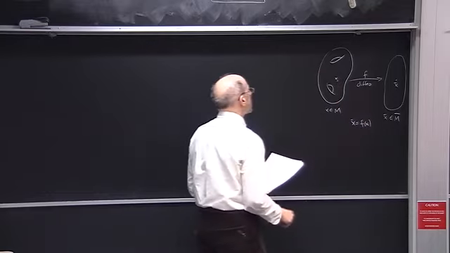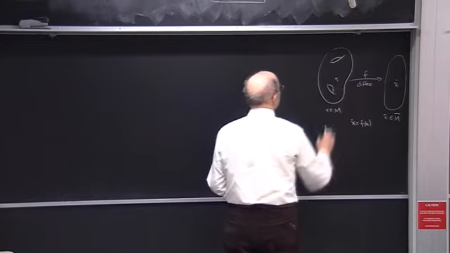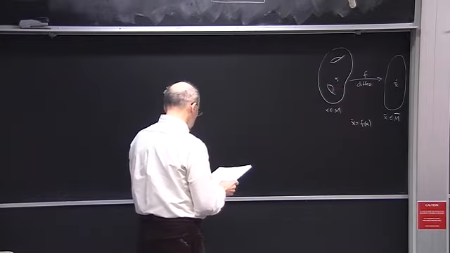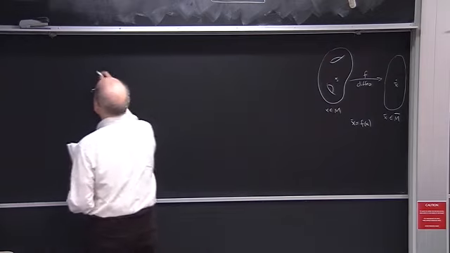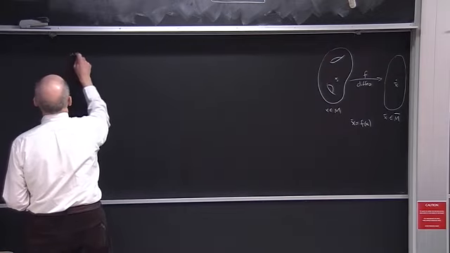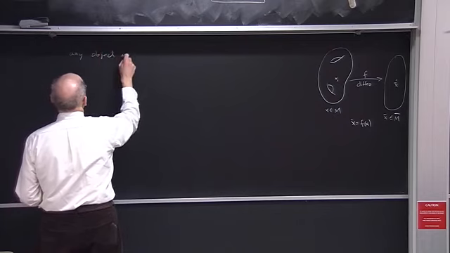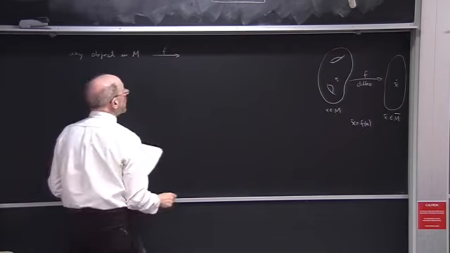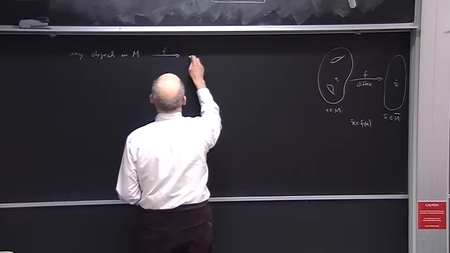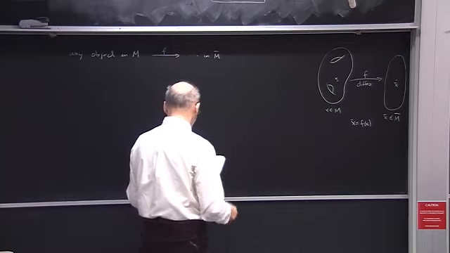I'm just trying to give general covariance, I suppose, a more precise definition. Then any geometric object in or on M goes under F to some other geometric object in M bar, because it's a diffeomorphism.